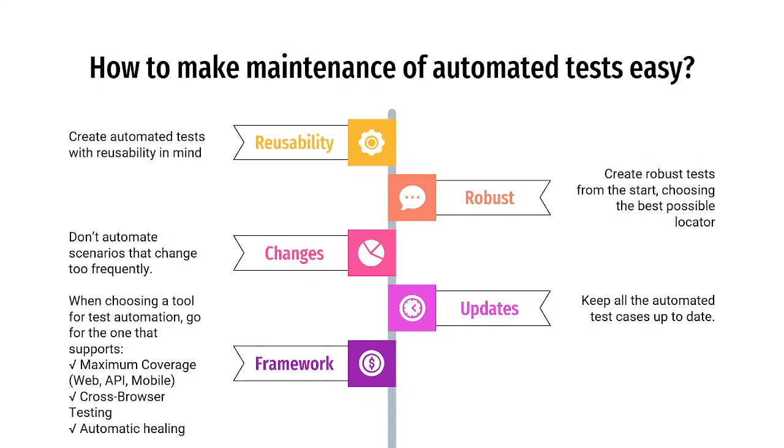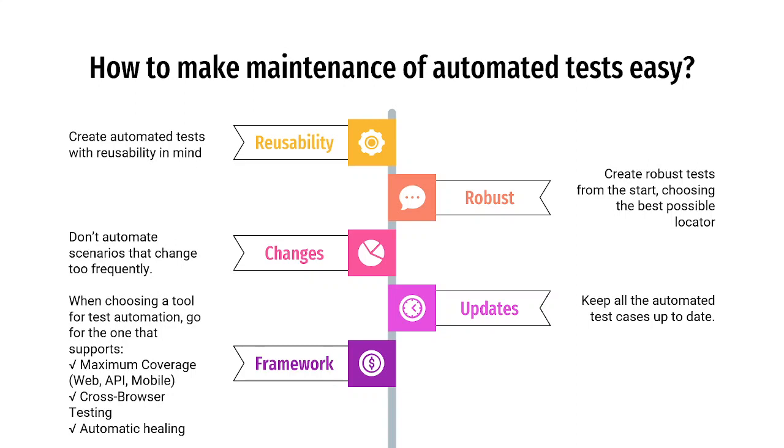Next is robust. Create robust tests from the start. Choose the best possible locator. From the beginning itself, make sure that your locators are designed in such a way that, with the minimum impact or the maximum impact, they are not going to affect your existing test. What does it mean? Suppose there is a minor change in the application, and my locator is broken, my test is broken.